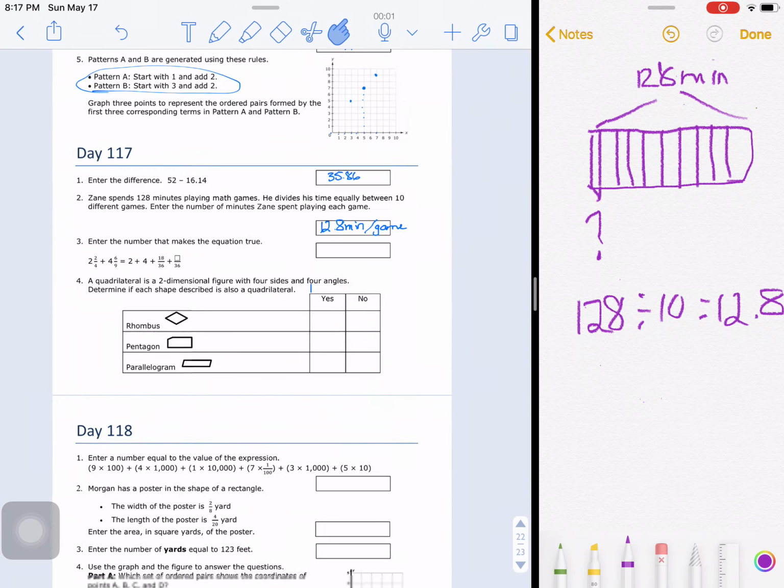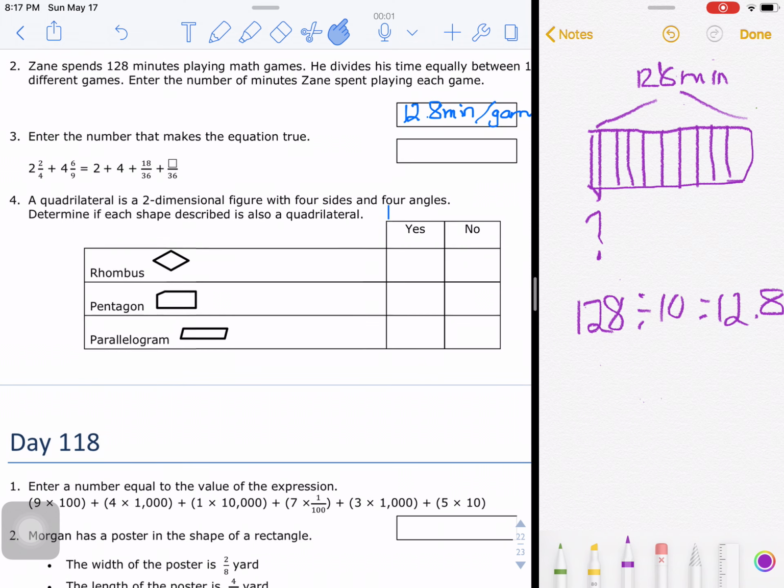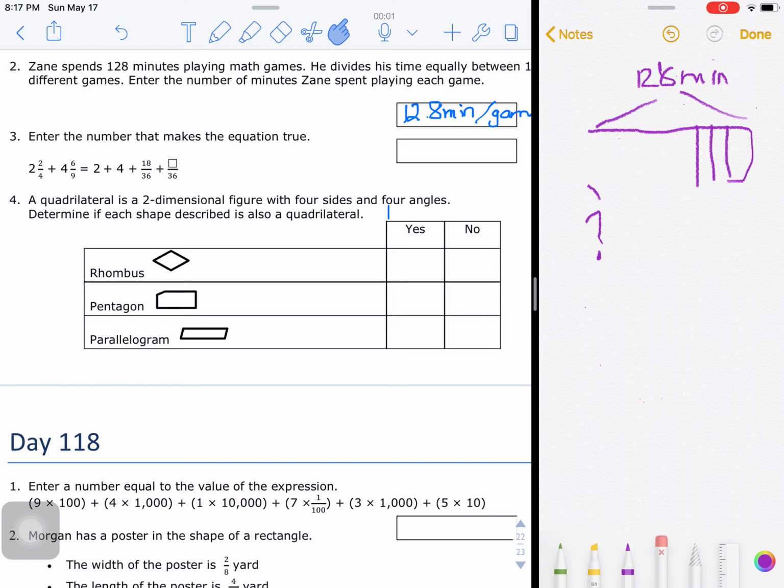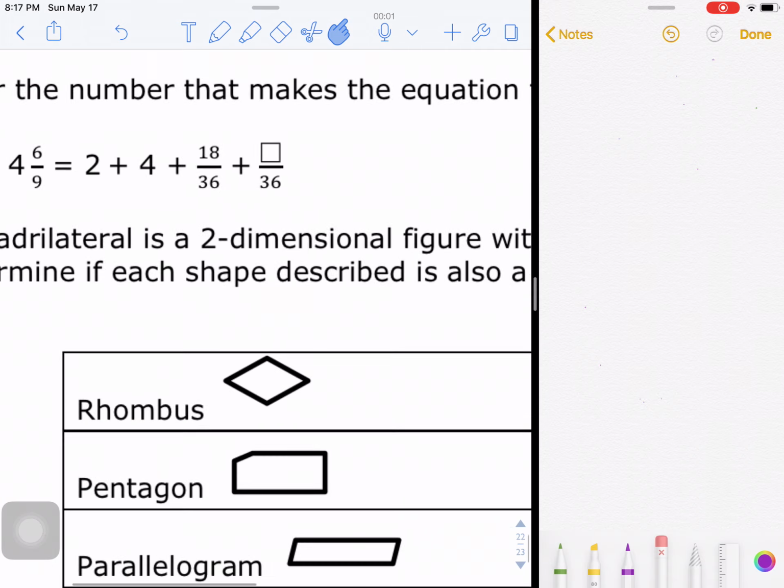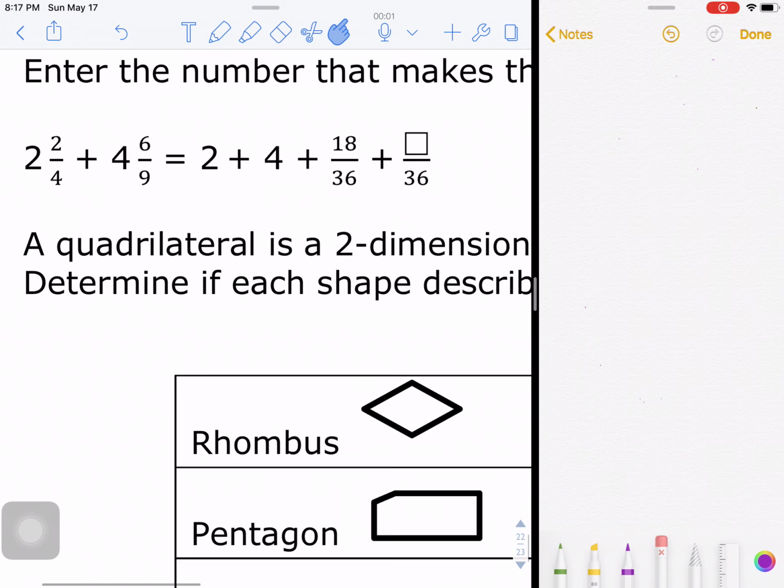Okie dokie. Next problem. Enter the number that makes the equation true. So that equation is what type of an equation? It is an addition equation, but it includes fractions, so we have to have common denominators. So what did they do here? They separated the whole numbers.